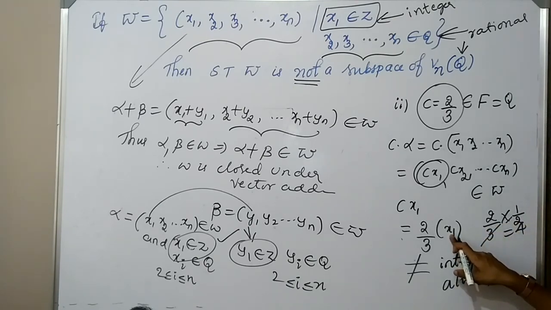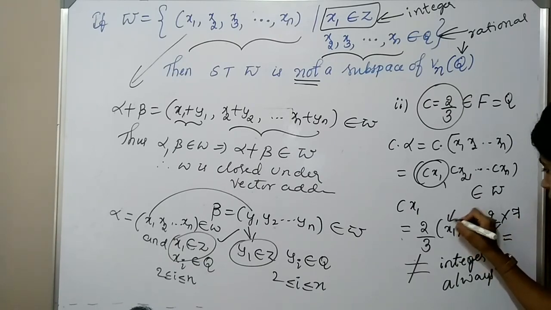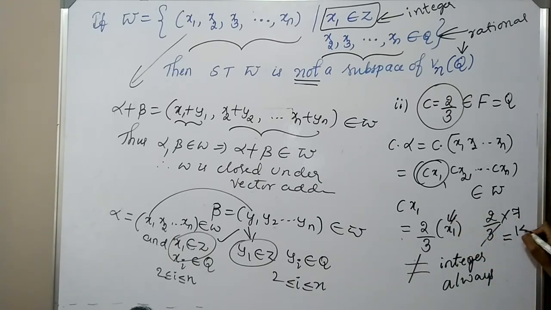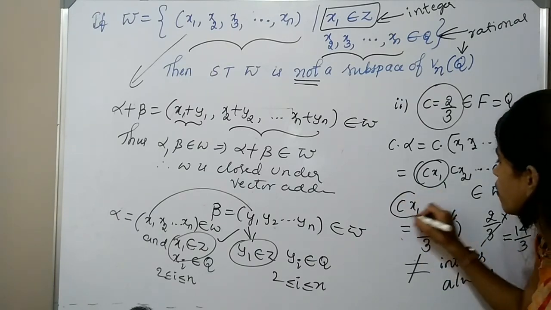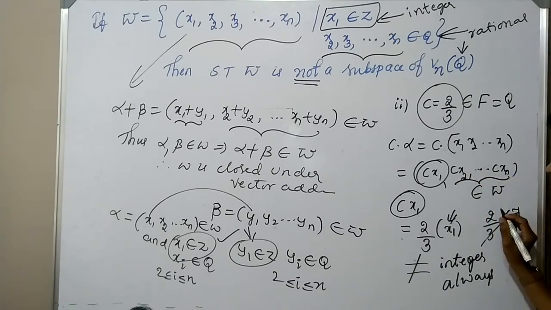But if I take x1 to be 7, 7 is an integer, and x1 must be an integer. 7 times 2 is 14, so 14 by 3, which is not an integer. So cx1 is not always an integer, and all the remaining coordinates are rationals.